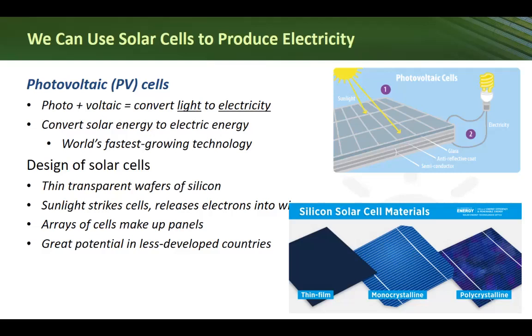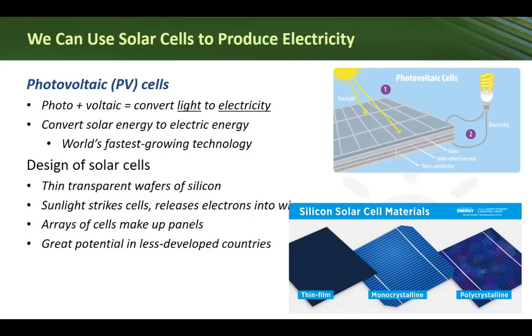When we look at the design of solar cells, you have your thin wafers of silicon. You can see your thin film here. Sunlight strikes the cells and releases electrons. As it does so, those electrons move, and those electrons can be put into a moving current, which is going to create the electricity.